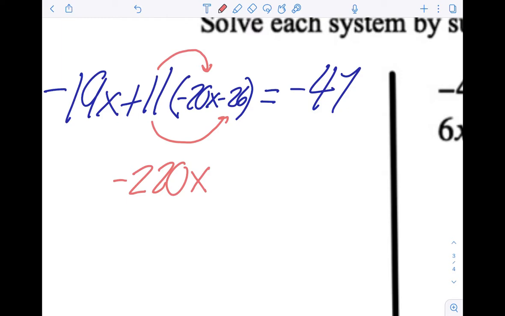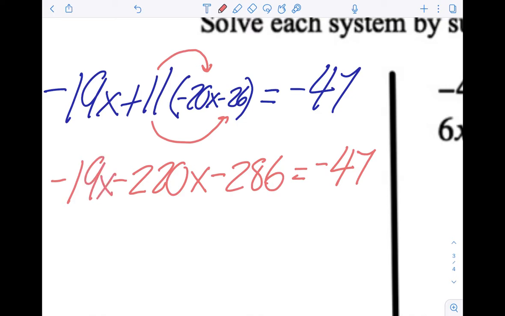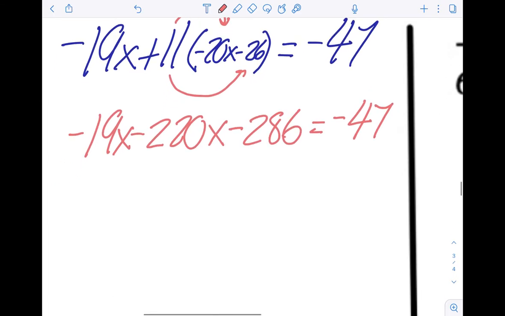And then 11 times 26 is 286, and again, a positive times a negative is a negative 286. Everything else, kiddos, just comes straight down like this. And fortunately for me, these two are already next to each other, just like that.